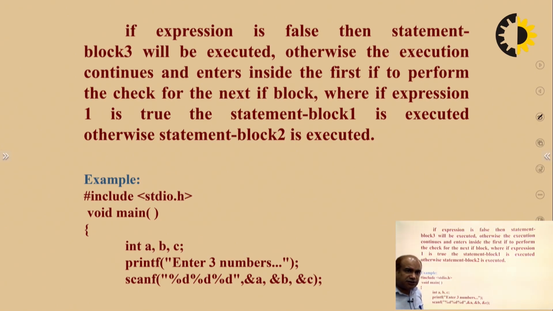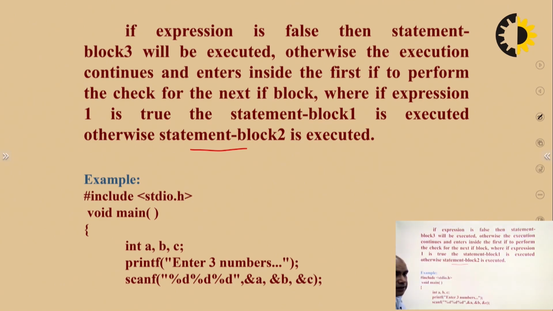Otherwise, execution continues and enters inside the first if to perform the check for the next if block, where if expression 1 is true, statement block 1 is executed. Otherwise, statement block 2 is executed.